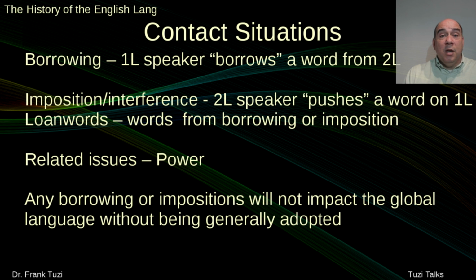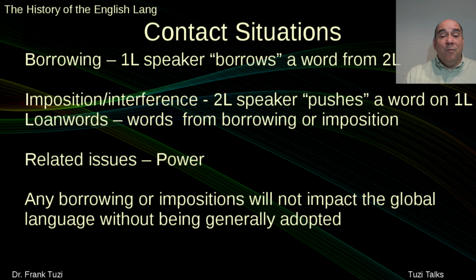In American English, we have the word popcorn, which we borrowed from the languages of the people who were in America, or things like teepee or wigwam, tomahawk, all these different types of words that we borrowed because we didn't have those words, so we appropriated them. Those would be words that we borrow.